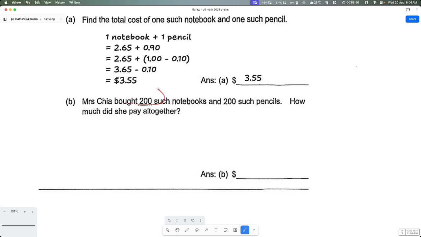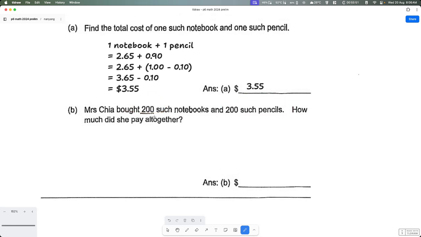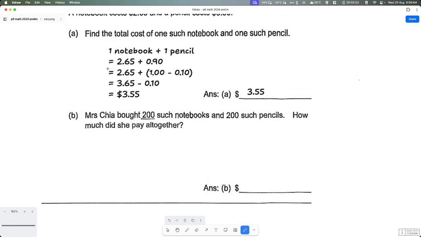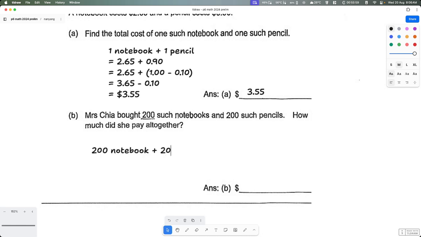Next one, part B. Mrs. Shah bought 200 such notebooks and 200 such pencils. How much did she pay altogether? So 200 notebooks plus 200 pencils is equal to 200 times 3.55.